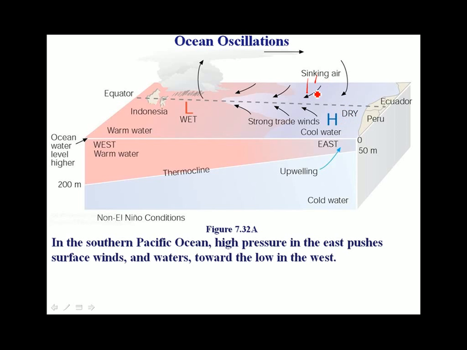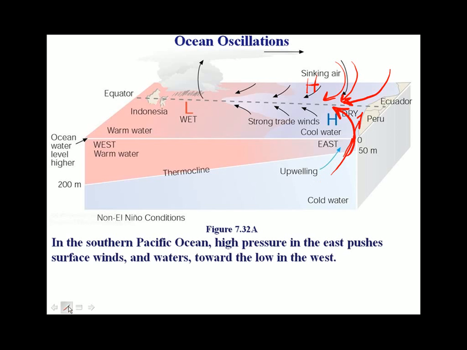We also have high pressure sitting here north of the equator. Since we're in the northern hemisphere, winds around high pressure are clockwise. But again, we're moving surface water away from the coast just north of the equator and south of the equator. So we have the cold water moving up to replace the warmer water.